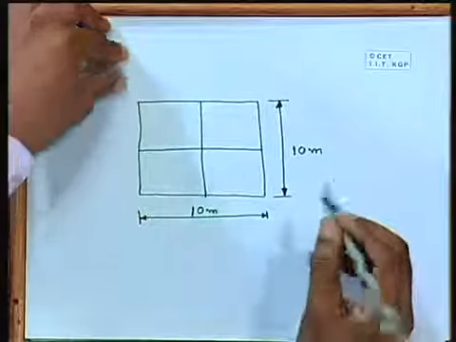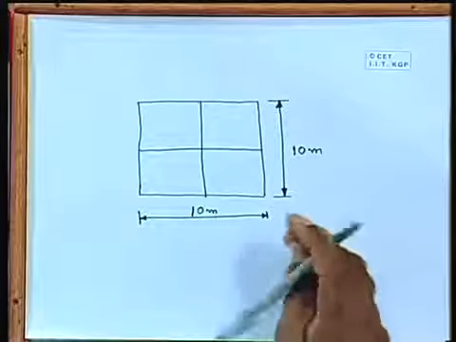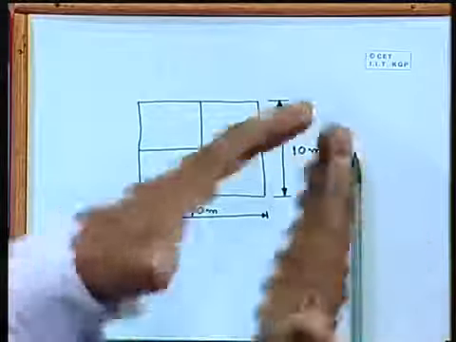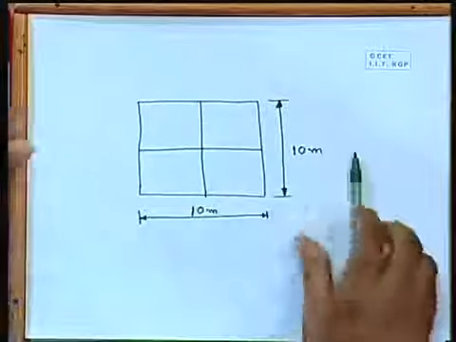If we use 10 meter by 10 meter for one plate, you will get too much deflection in the middle. Consider a paper, or even a big cloth, held at the 4 corners; you will find the deflection at the middle is too much.